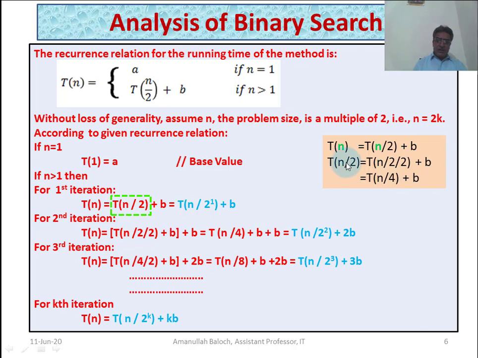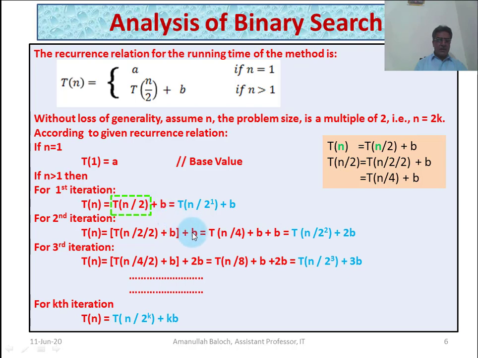So the left side of this expression is T of n divided by 2. The value of T of n divided by 2 is T of n divided by 4 plus b. At location T of n divided by 2, we put the right side, which is the value of this. So here we put T of n divided by 2 whole divided by 2 plus b, which is the right side of this part, and in this bracket I bring plus b from the upper value of the first iteration.